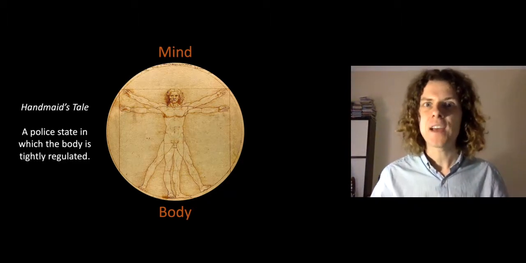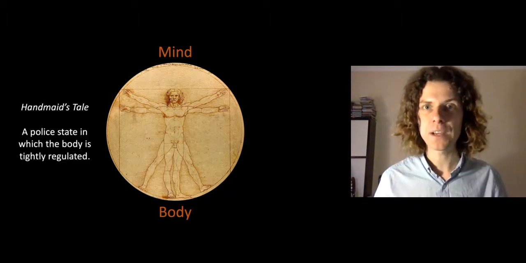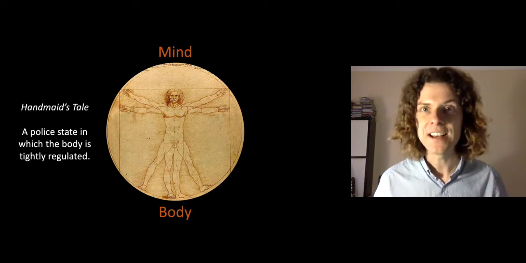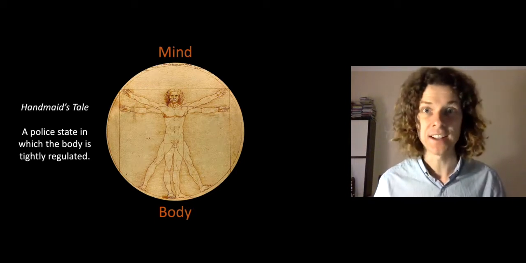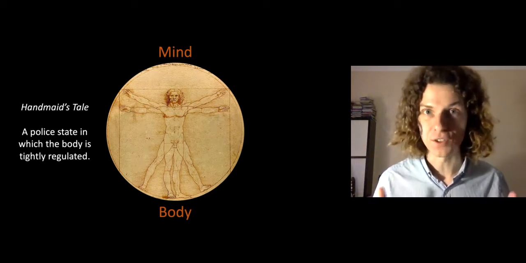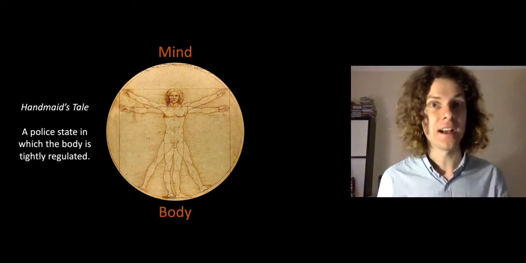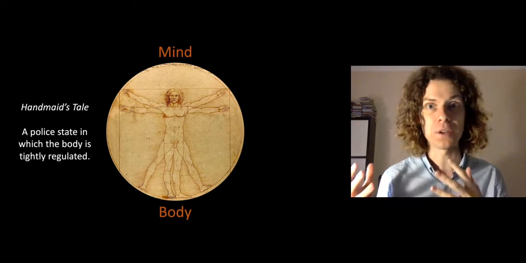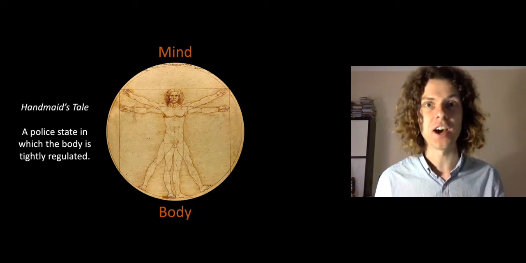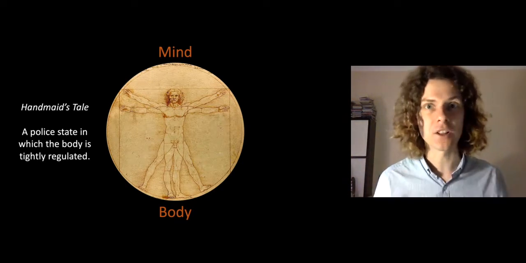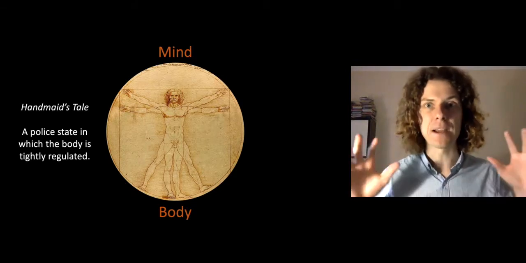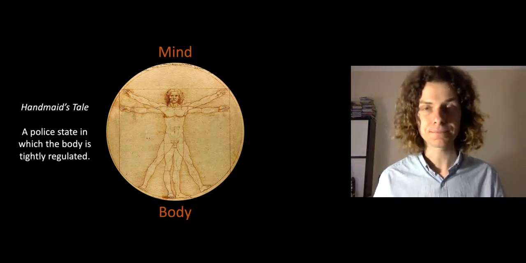So in The Handmaid's Tale, roughly speaking, we can say that there's a police state in which the body is tightly regulated. The main character, Offred, as you recall, is a handmaid who is made to have sex with one of the rulers of this repressive society, Gilead, because due to an ecological catastrophe, there's been a collapse in male fertility.